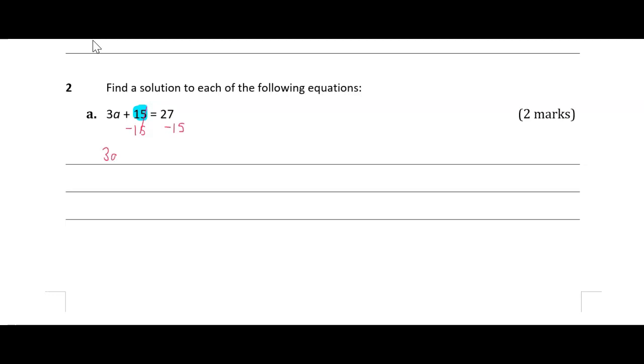So we're left with 3a equals 27 minus 15, which is 12. And then we're left with 3 times a. The opposite of multiplying by 3 is to divide by 3. So they disappear. Actually, they don't disappear, they equal 1. I probably shouldn't say they disappear, but they cancel each other out. And then 12 divided by 3 is equal to 4.